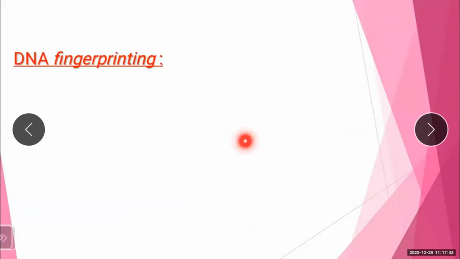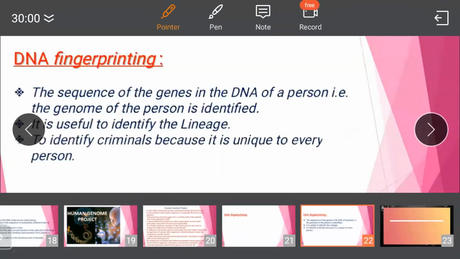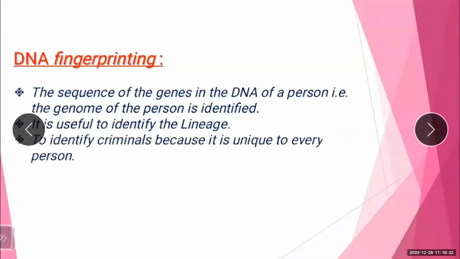It is also used to identify the lineage, and to identify criminals, because it is unique to every person. So this is all about the DNA.